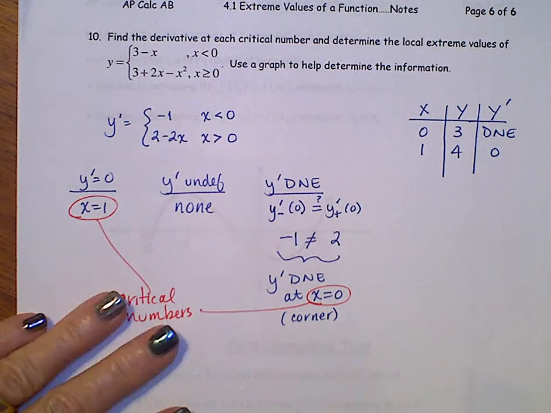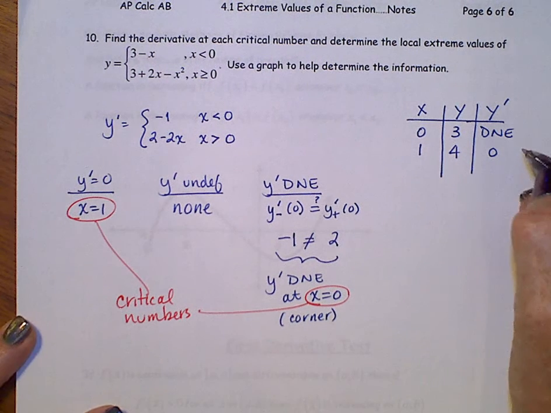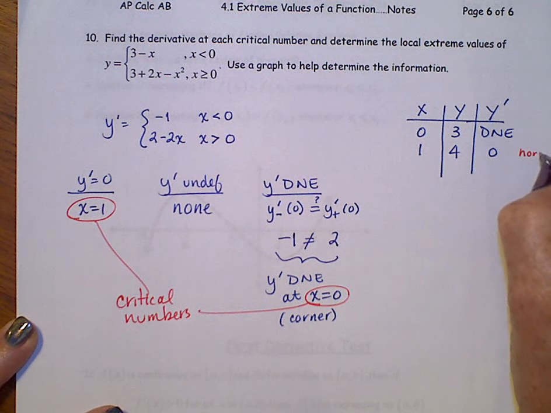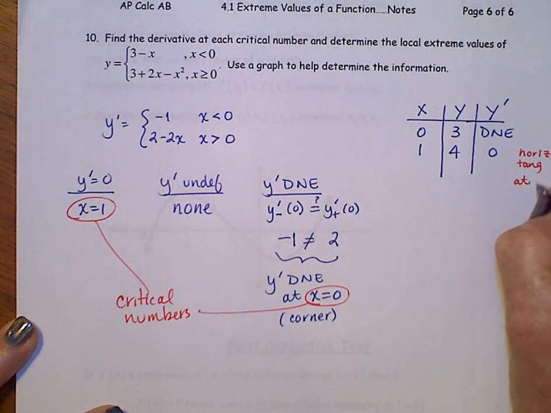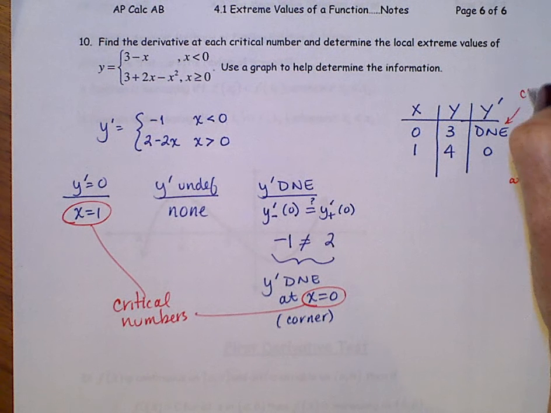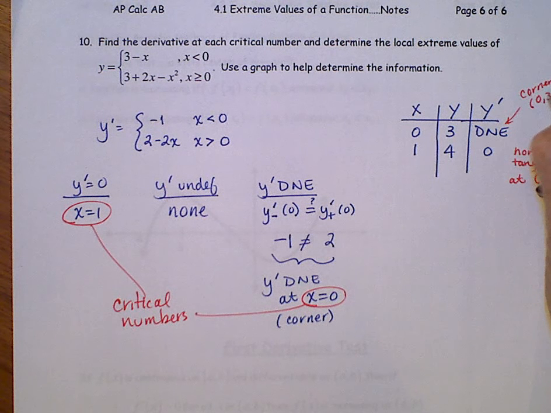All right, so what should we see in the graph? We should see a horizontal tangent at the point 1, 4, and we should see a corner at 0, 3.